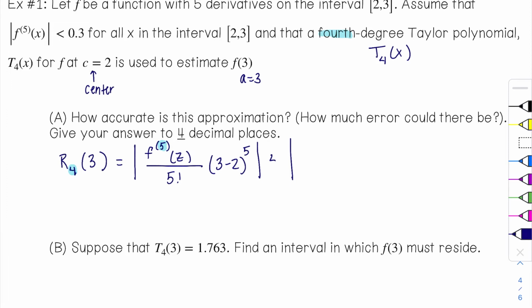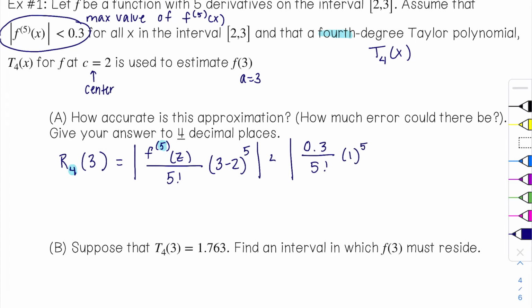And now they give us a maximum value of the derivative. This right here is the max value of the fifth derivative. So we're going to plug that number in. We're going to say that has to be less than 0.3 over 5 factorial times 1 to the fifth.